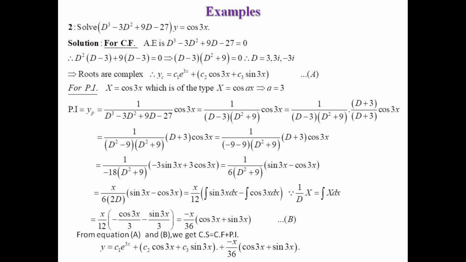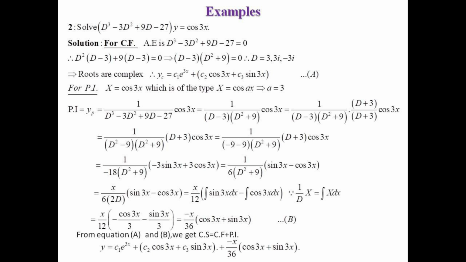Why are we rationalizing? Because the first term is D minus 3, and to get a D square term in the first bracket of the denominator, let's multiply and divide by D plus 3. After multiplying and dividing by D plus 3, we get 1 upon (D minus 3)(D plus 3), that means D square minus a square, which is D square minus 9, into (D square plus 9), and the numerator is (D plus 3) into cos of 3x.